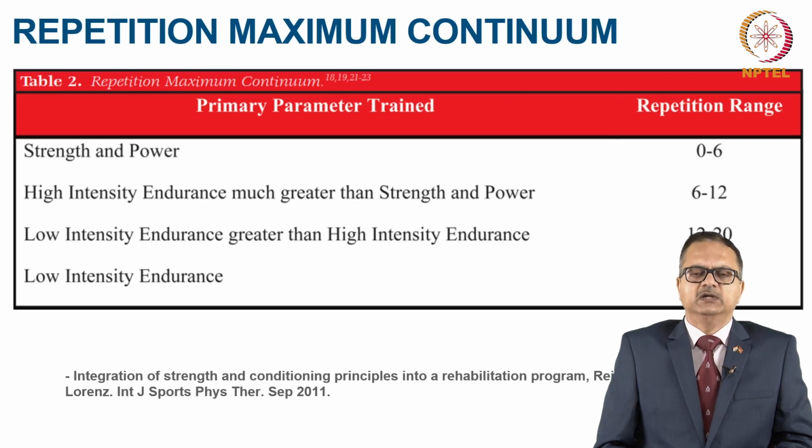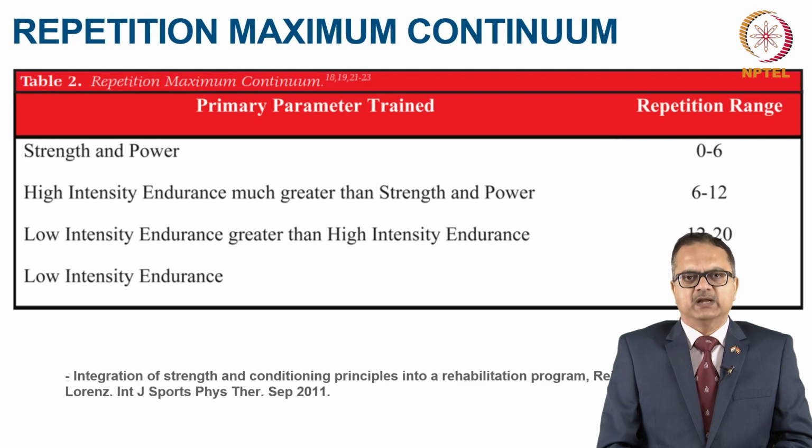If you're looking for only low intensity endurance, reduce the weights further, and you can go up to 20 to 30 repetitions. How much weight will be decided by how much the athlete can perform during a 1 RM test.